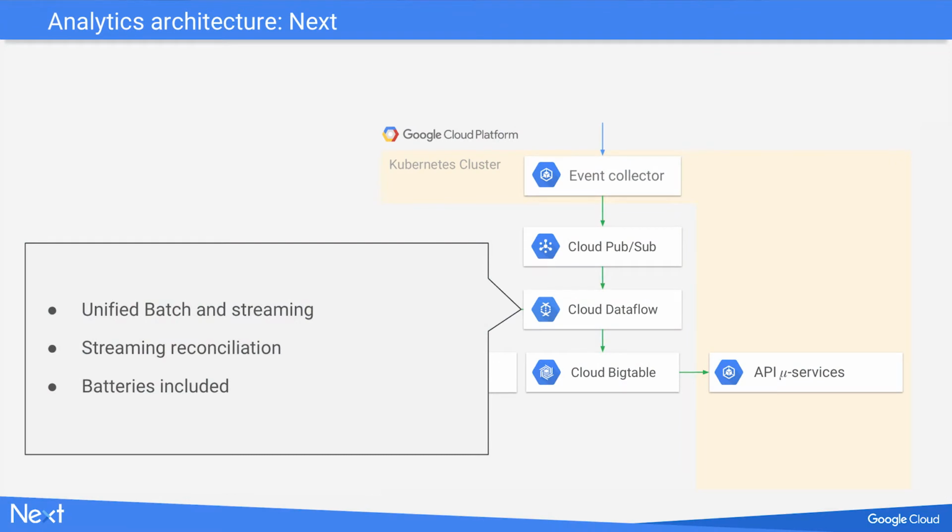So we looked around, and just about at this time, Google had published the Dataflow paper at VLDB, and about a year after that, they came out with this beta of Google Cloud Dataflow, which now has become an open source project called Beam.